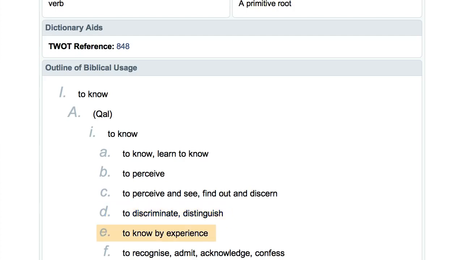E says to know by experience. This is what Exodus 6 and 3 is talking about, and I'm going to show you that. What experience is the Most High talking about that Abraham, Isaac, and Jacob didn't have with him? He's talking about the destruction of Egypt and the deliverance of the children of Israel.